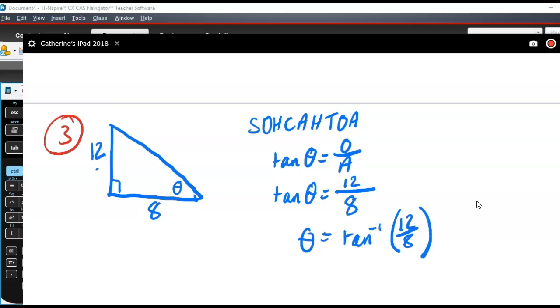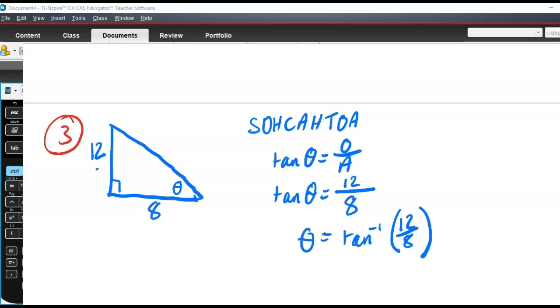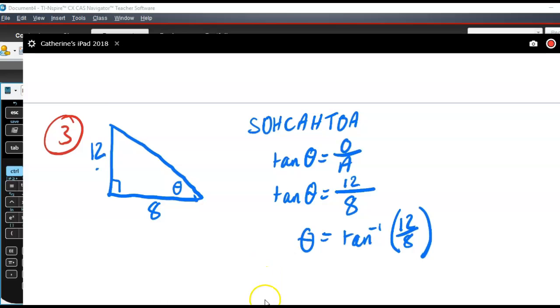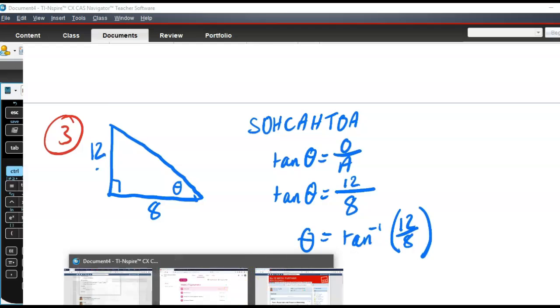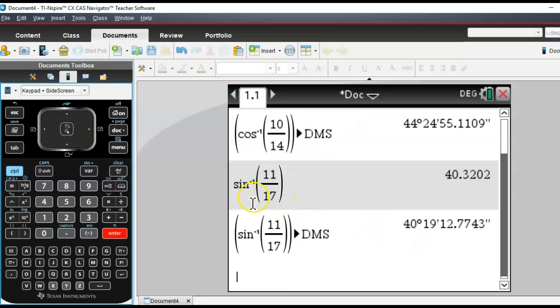So there we are. Getting my calculator up again. There it is.